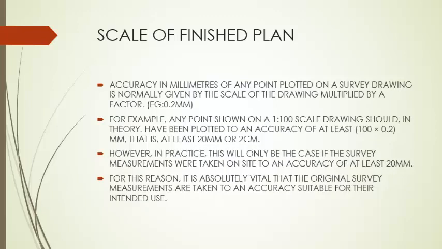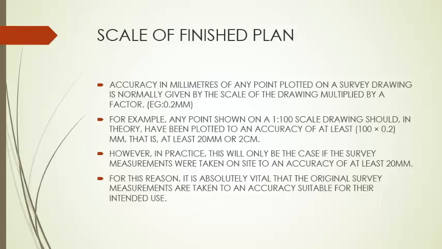It is generally considered possible to plot a point on a sheet of paper to within millimeters of measurement, such as 0.2 millimeter. This means that the accuracy in millimeters of any point plotted on a survey drawing is normally given by the scale of the drawing multiplied by the factor 0.2.